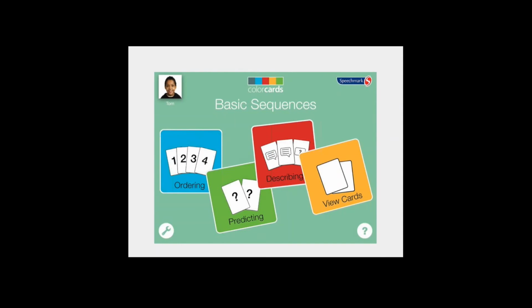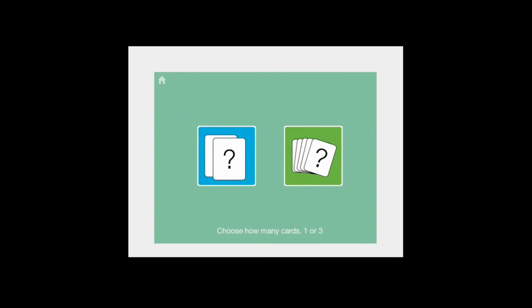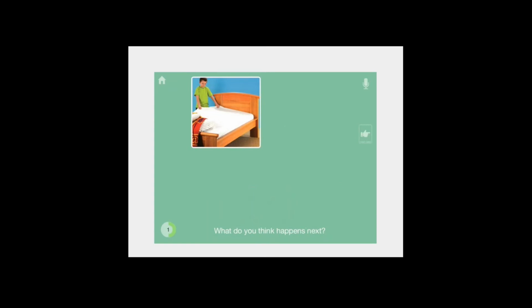Okay, so we're back to the main screen, and this time I'm going to show you predicting, which I think works nicely on working on verbal prediction skills, as a nice task where you can see the same picture again of the boy making the bed, but this time you don't see the whole sequence and have to reorder it. You're asked to predict what happens next.